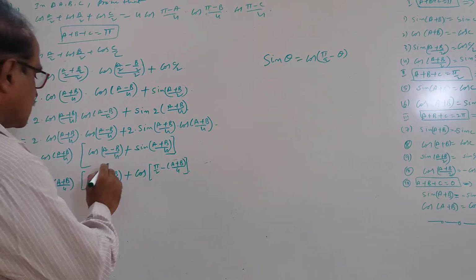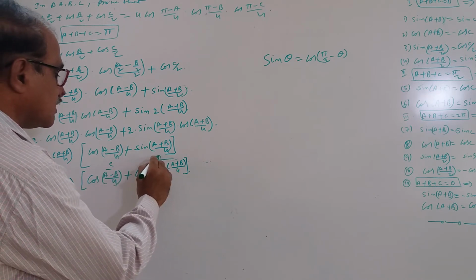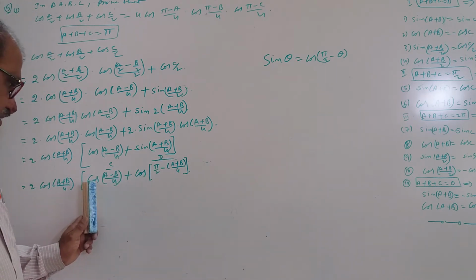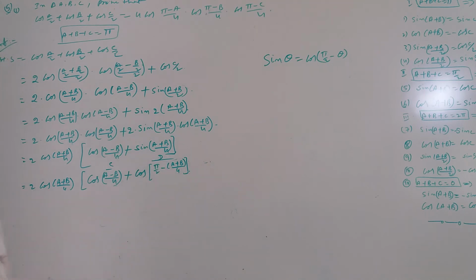Now take this as C, this much as D. Now it becomes cos C plus cos D. Cos C plus cos D is equal to 2 cos of (C plus D) by 2 into cos of (C minus D) by 2.